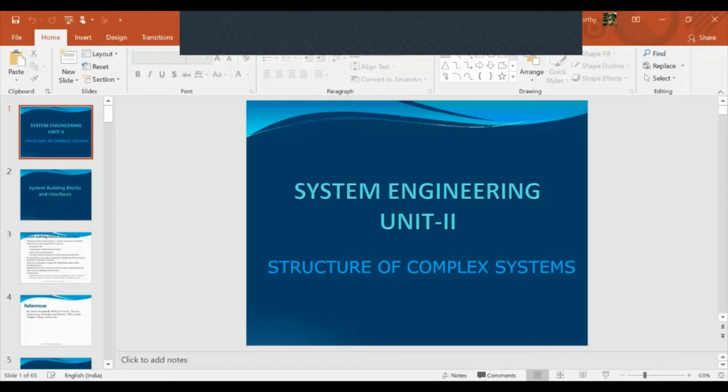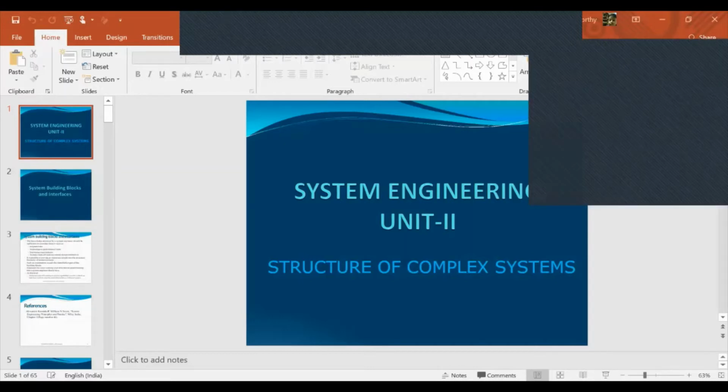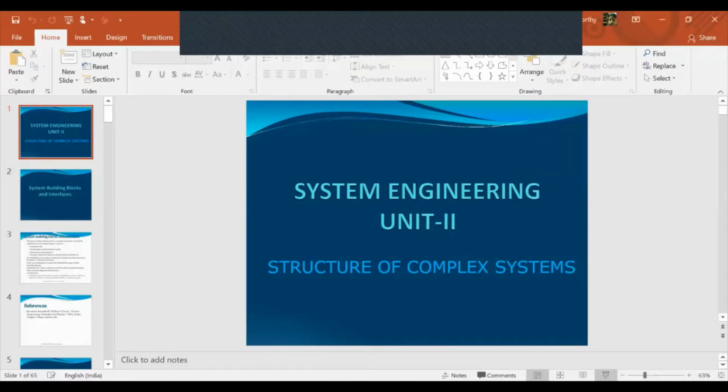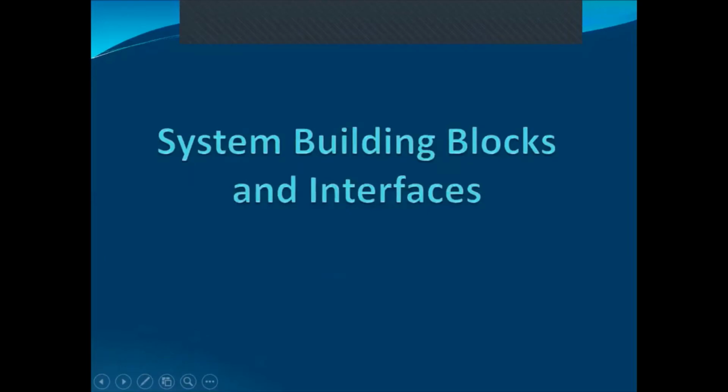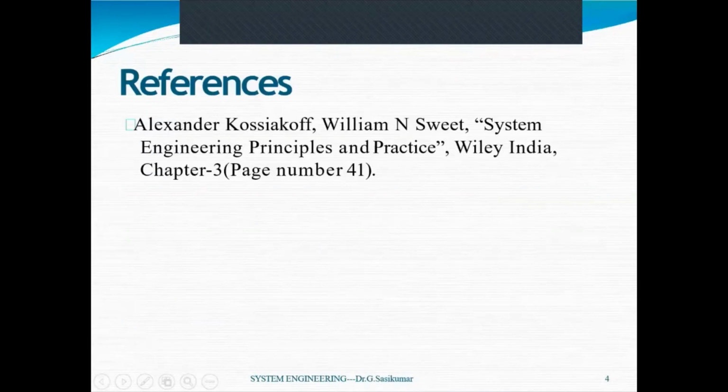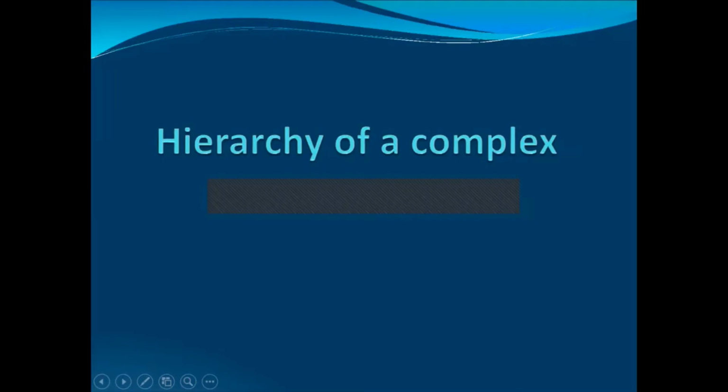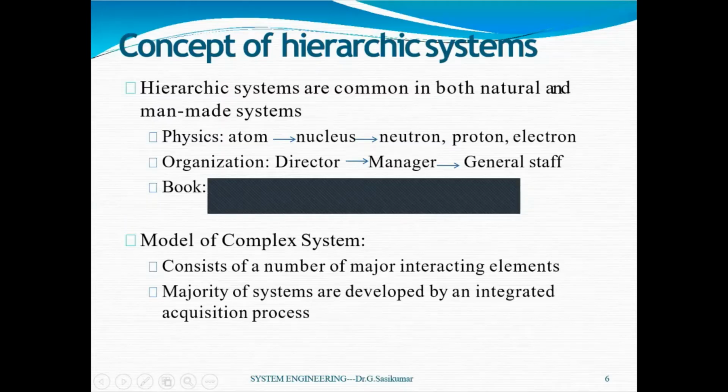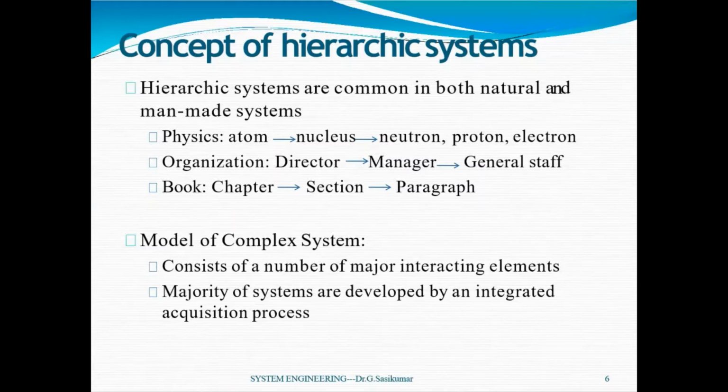We can resume our class, on the concept behind the structure of complex systems, which we discussed in the previous class. We have discussed the hierarchy of system building blocks, complex systems, and the concepts of hierarchy systems.